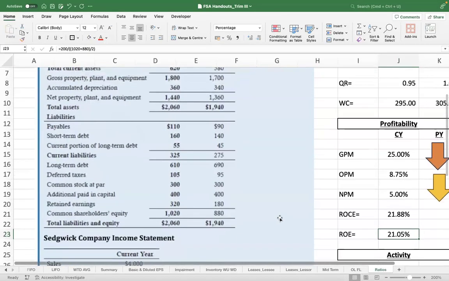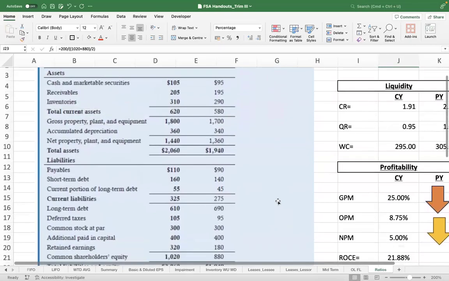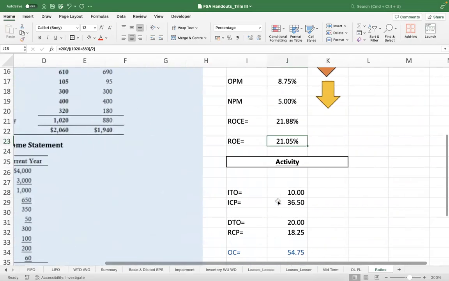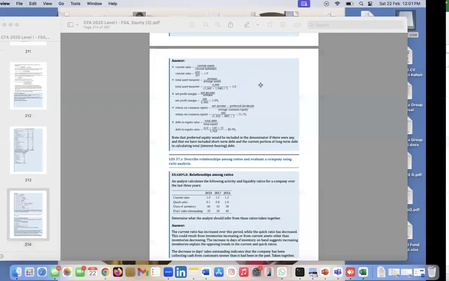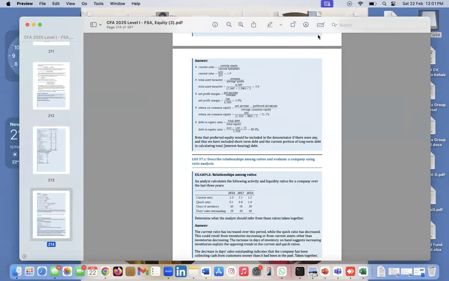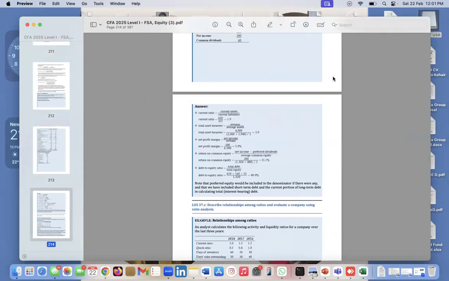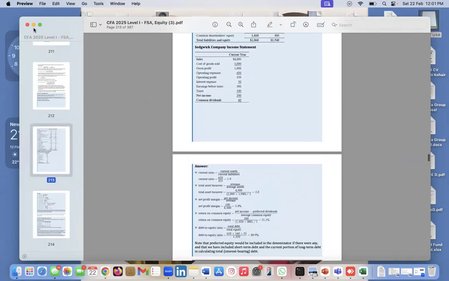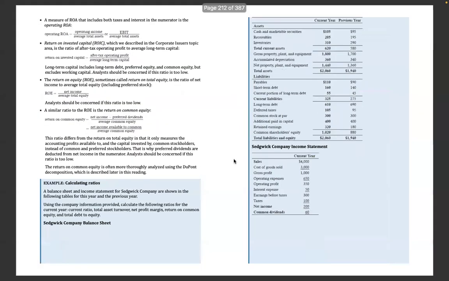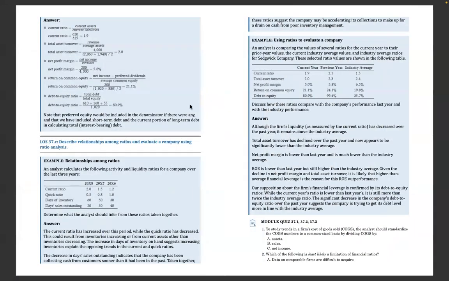Yeah, so I think that will complete it. We'll also have a look at the solution, what the CFA manual has to say on this, and try to compare our results. So this is the case that we have.